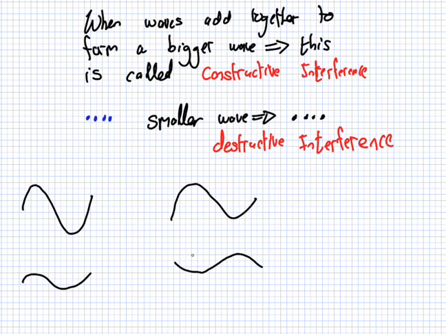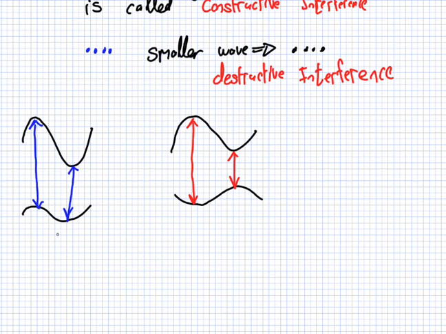Different crest to trough. This is it here, yeah. Notice how the crest here matches the crest here, and the trough here matches the trough here. But in this one, the crest matches with the trough, and the trough matches with the crest. So in other words, here they have the same frequency, but are, as Ugo said, in phase.